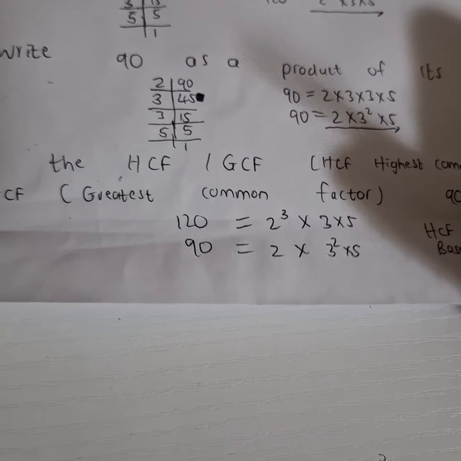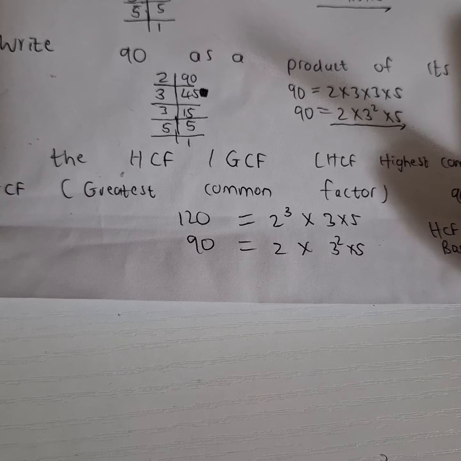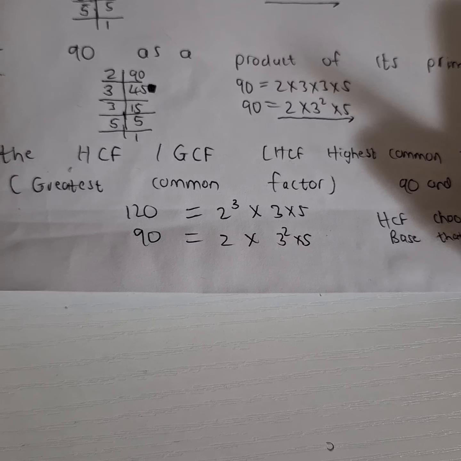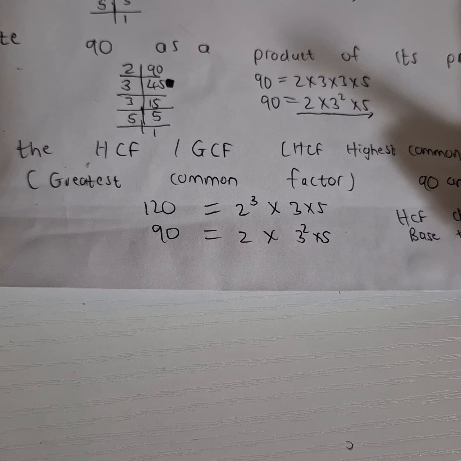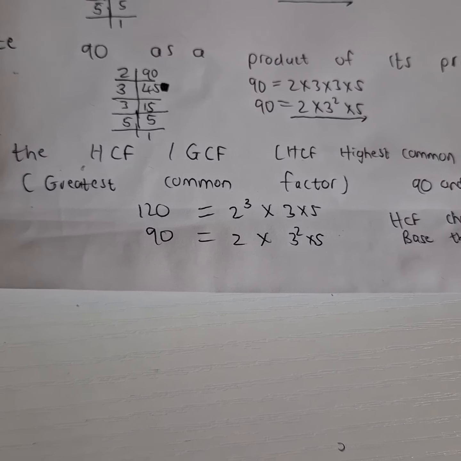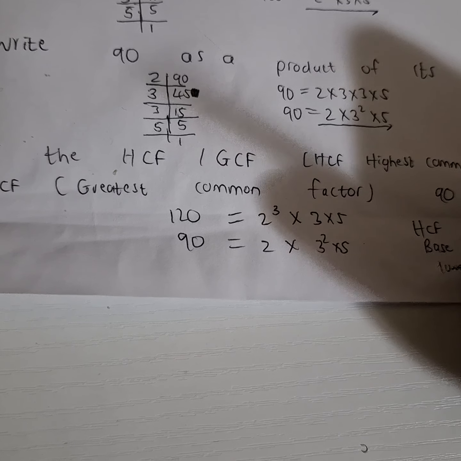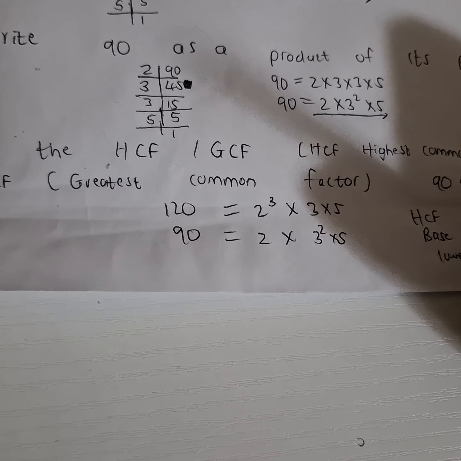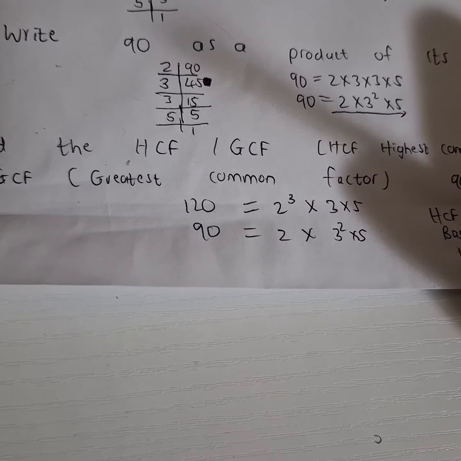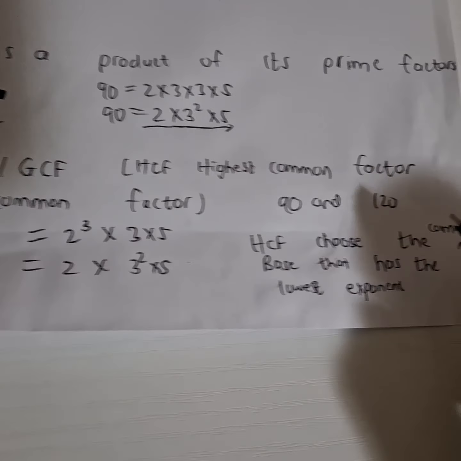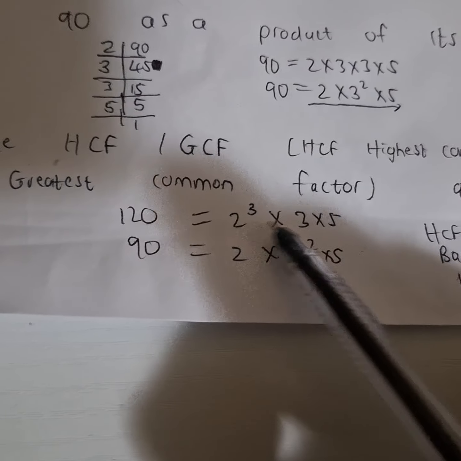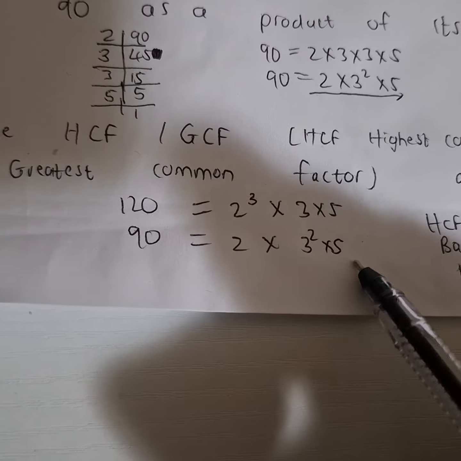that has, choose the common base that has the lowest exponent. So we look at the two numbers and the product of their prime factors.